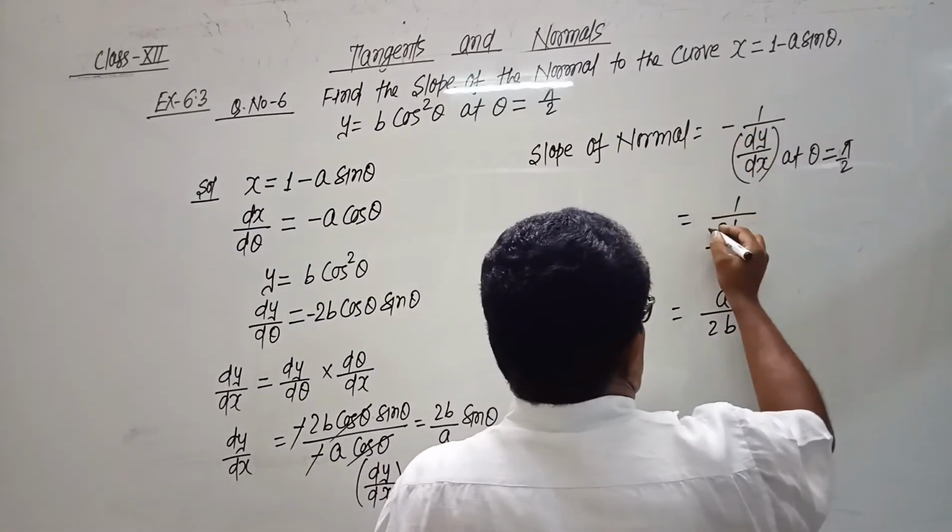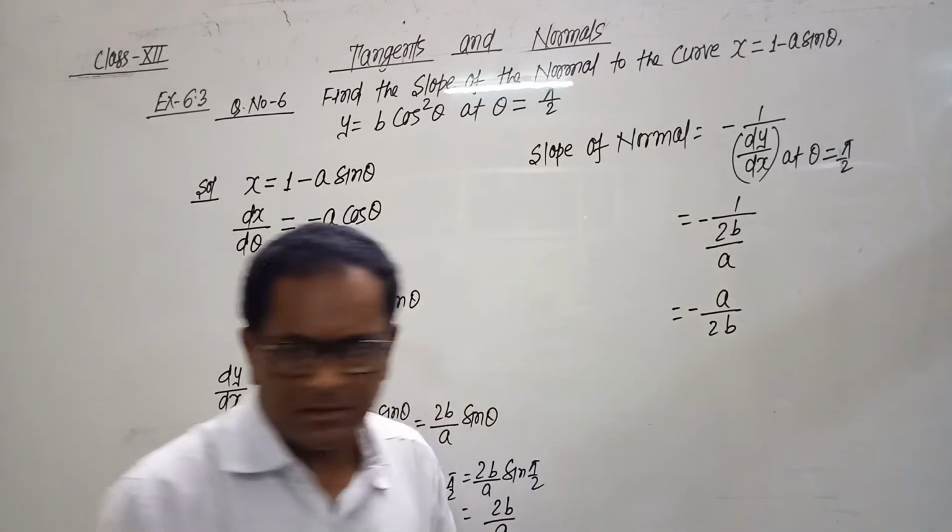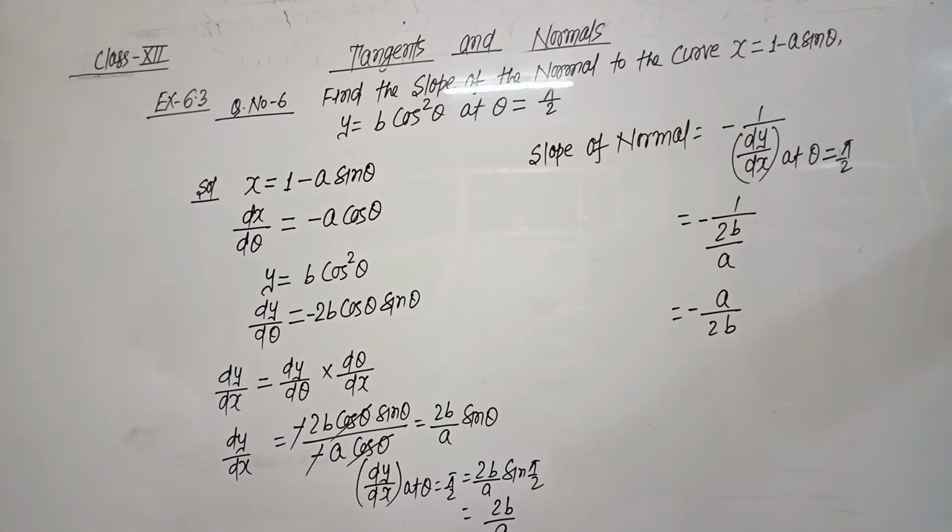This is minus 1 by dy by dx, so minus a by 2b. This is the slope of the normal. See the next question, question number 7.